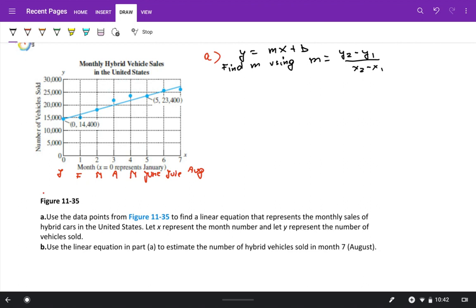We're going to find the slope between 2 points. They give you 2 points in this problem. The first point is (0, 14,400), and the second point is (5, 23,400).